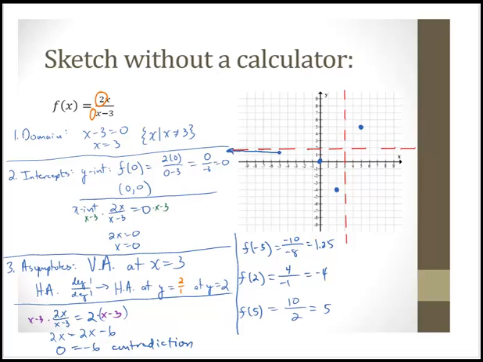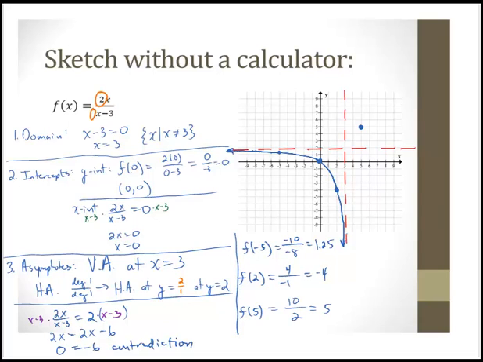Thinking from left to right, I'm asymptotic at y equals 2, and then I pass through the origin. That's my only intercept. I'm going to pass through the point 2, negative 4, and I know I cannot cross over the vertical asymptote, so I must get closer and closer to it.